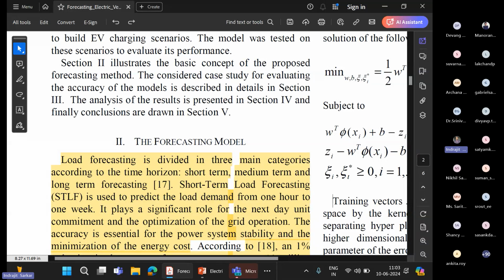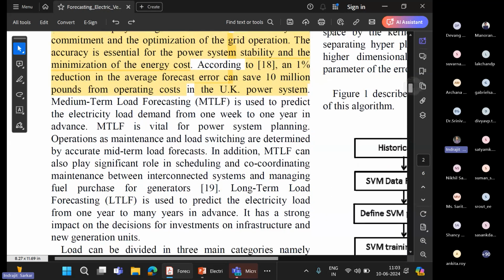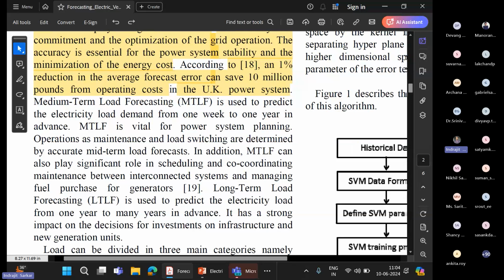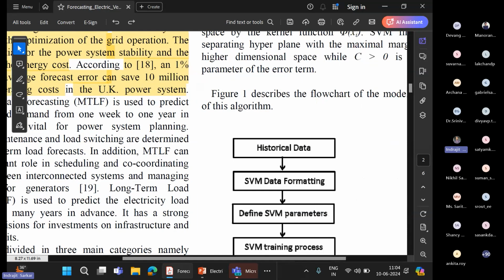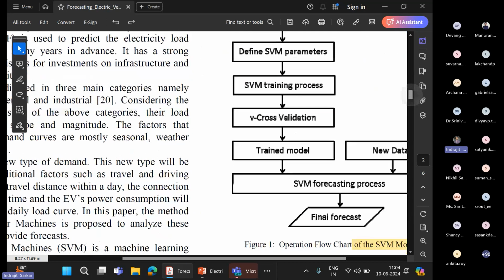They have cited that a 1% reduction in average forecast error can save 10 million pounds in operating cost in the UK power system. You can see how significant it is. That is why forecasting is going to help us in EV charge scheduling.